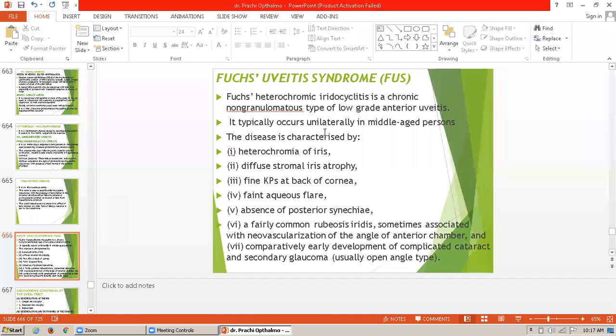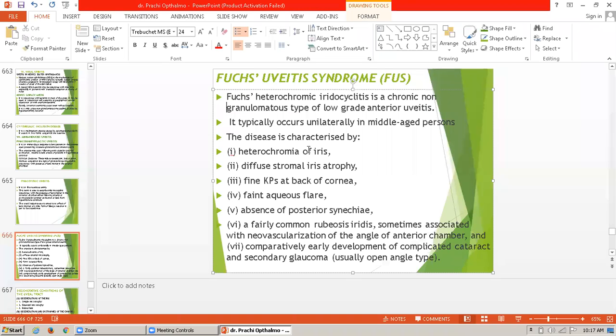Then Fuchs uveitis syndrome, that is FUS. So this FUS, that is Fuchs heterochromic iridocyclitis, is a chronic non-granulomatous type of low-grade anterior uveitis.